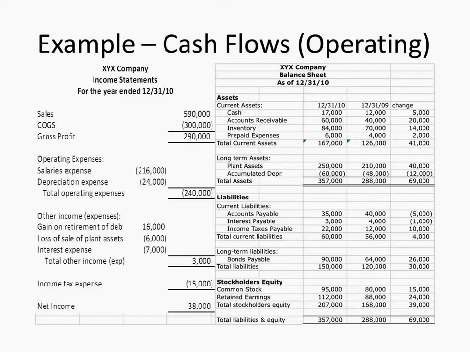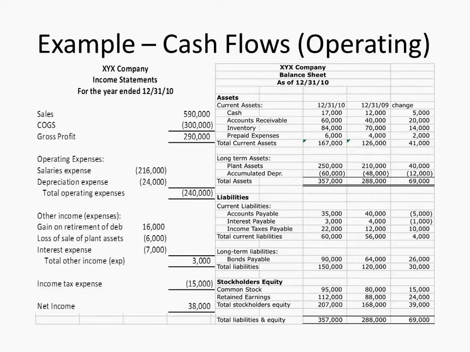So next, I want to get into intuition here. Next we have salaries expense. We have salaries expense of 216. What would you be looking for? What would be a related balance sheet account? Wages payable. If you had an increase in wages payable during the period, what would you do? Decrease the expense.